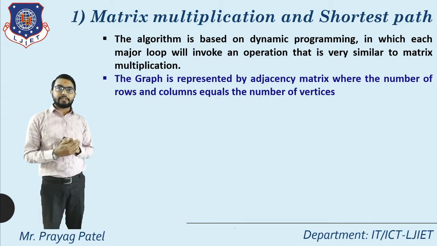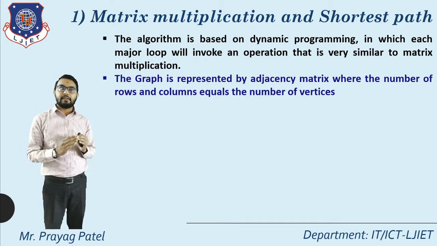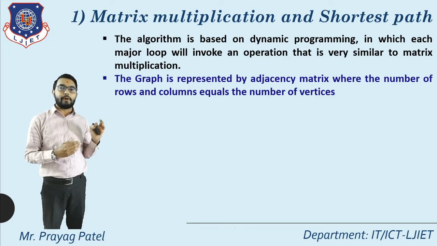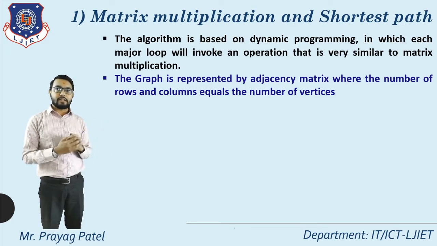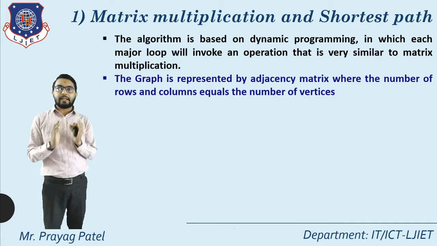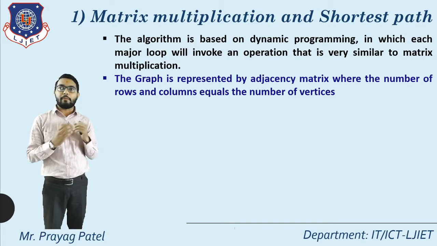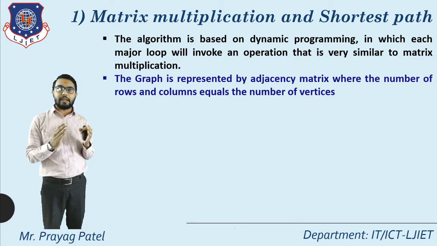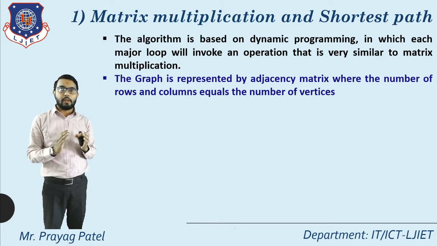The graph is represented by an adjacency matrix where the number of rows and number of columns equal the number of vertices. Means here consider the given graph, then you represent that graph in the form of a matrix. So the matrix dimension is the number of rows and number of columns equal to the total number of vertices.